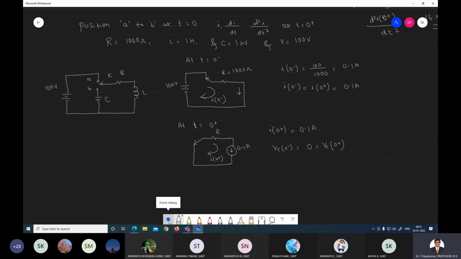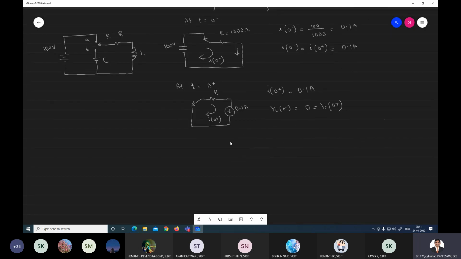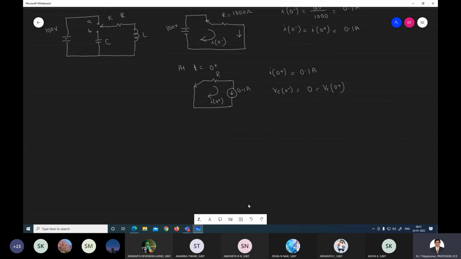For t greater than or equal to 0, write a circuit. For t greater than or equal to 0, the switch is in the second position. So switch in second position means this is opened, and there is no necessity of writing this voltage source because it is opened.